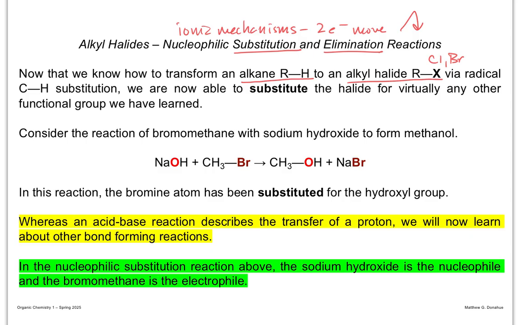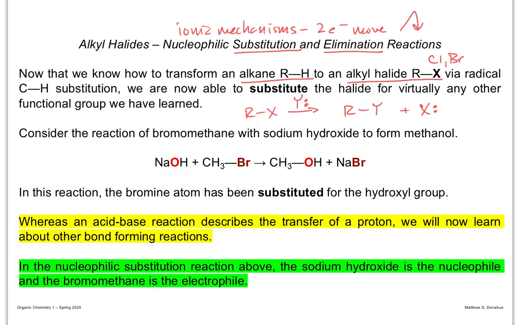What we're going to do now in terms of a general reaction, say we have that alkyl halide, RX, we're going to treat it with some group, Y, that has 2 electrons, and then we're going to substitute it. So it's substitution.